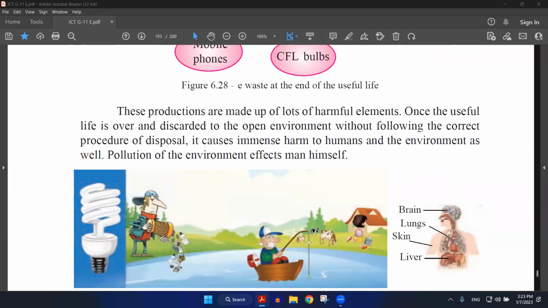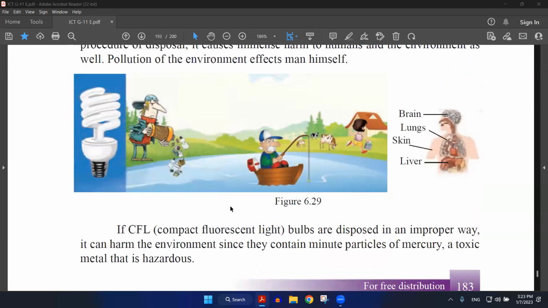Otherwise, the components, and there are several elements which are not good for human health, will be added to the soil, water, as well as the air, and will finally be deposited in our body, which will cause different kinds of health issues and sicknesses due to unsafe e-waste disposal, right?